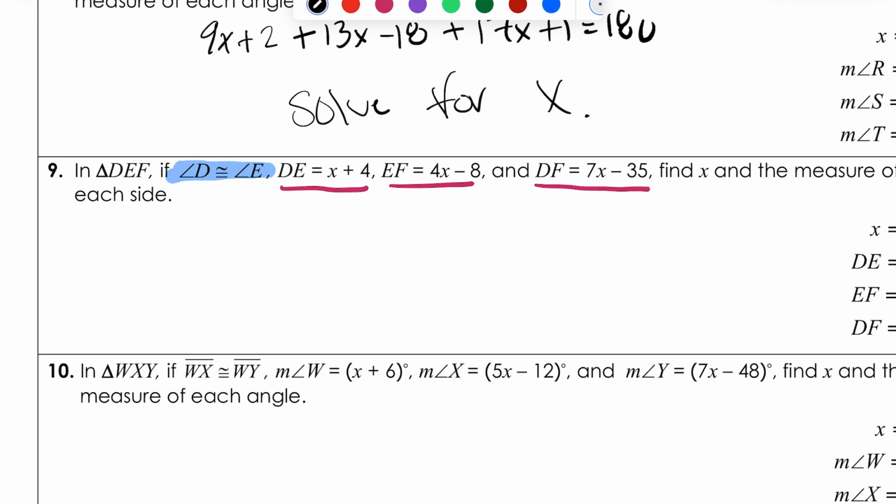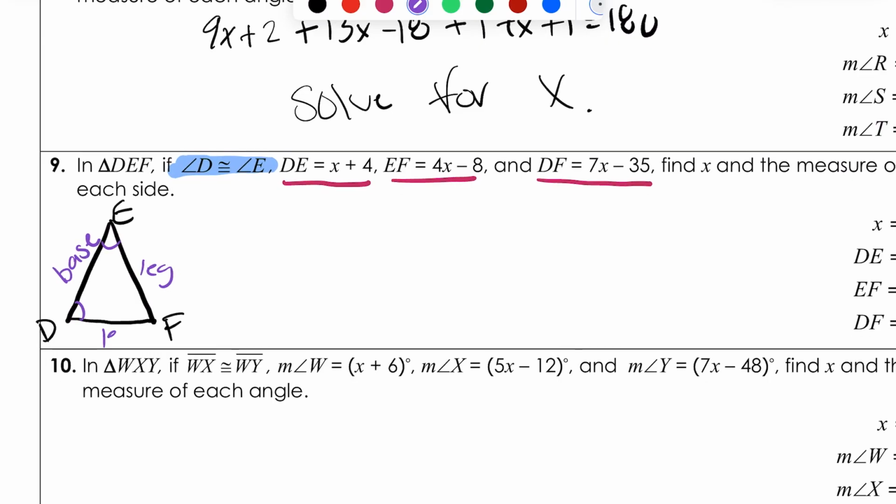So what we have to do is draw the triangle, label it D, E, F, then label what they give me. They say angle D and angle E are congruent, right? Which means this is a base, this is a leg, this is a leg, and so therefore EF is congruent to DF. The reason I know this is a base is because it's the only line where 2 of the angles are congruent. So that has to be the base.